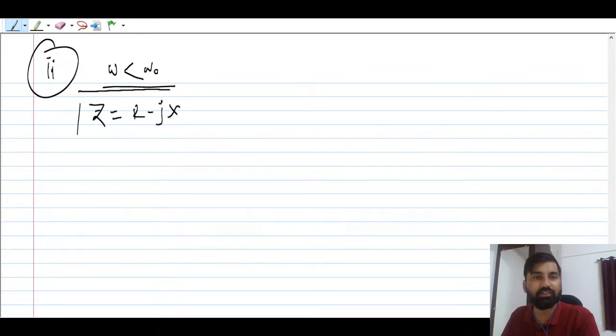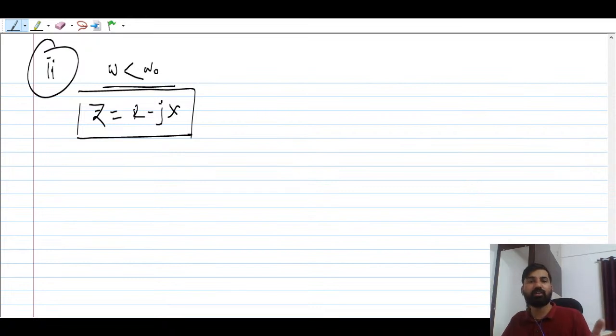Omega naught is the point at which resonance occurs. Below omega naught, the impedance will be complex, but it will have capacitive reactance. Please remember these things.